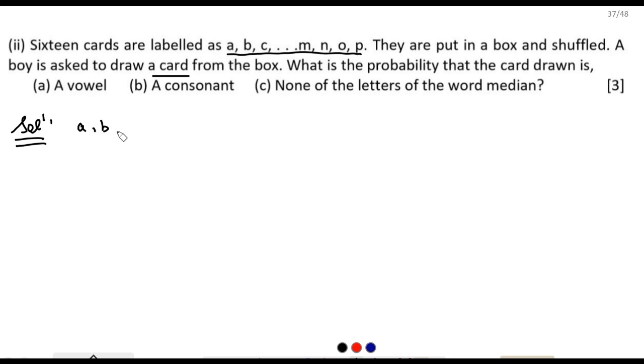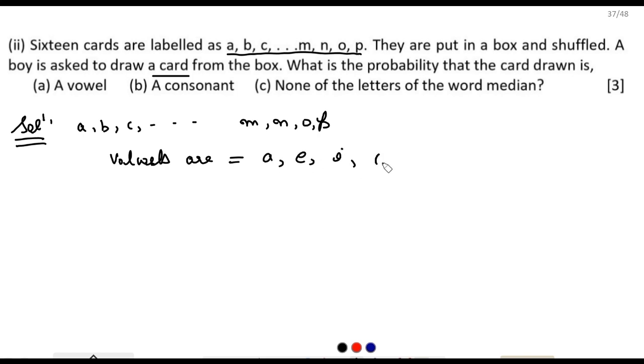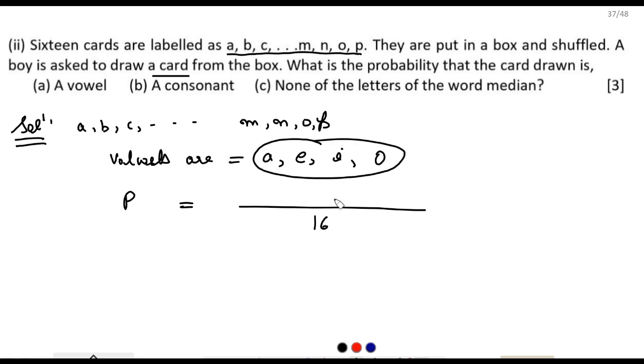Among these letters, vowels are A, E, I and O. U is excluded. If one card is drawn, then total number of cases are 16 because 16 cards available in the box, and number of favorable cases if we want a vowel are 4. It means probability of getting a vowel is 1 by 4.